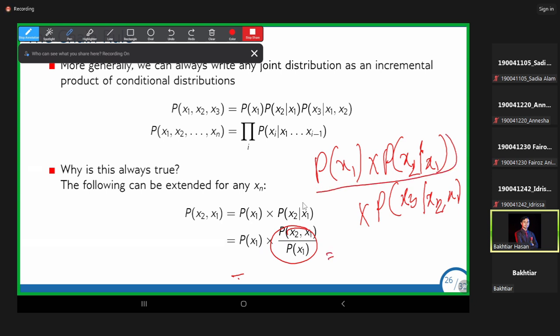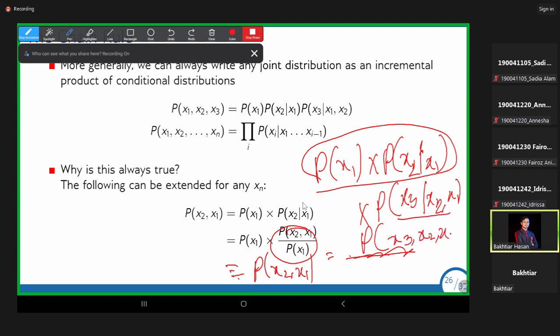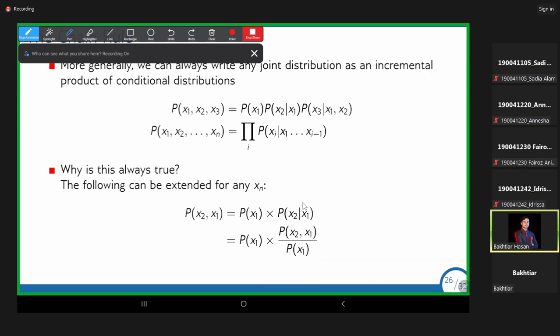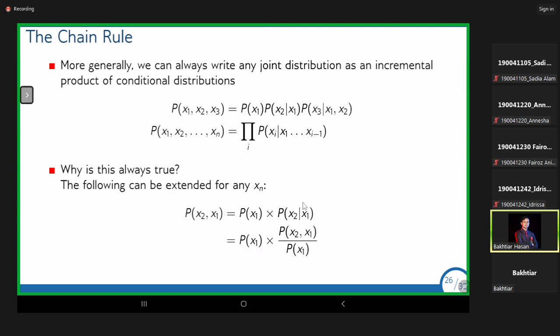So this one turns out to be probability of x2 and x1, which gets multiplied here. We will have probability of x3, x2, and x1 divided by probability of x2 comma x1. These two cancel out to give us the probability of x3, x2, and x1. So you can simply expand upon it as much as you want.